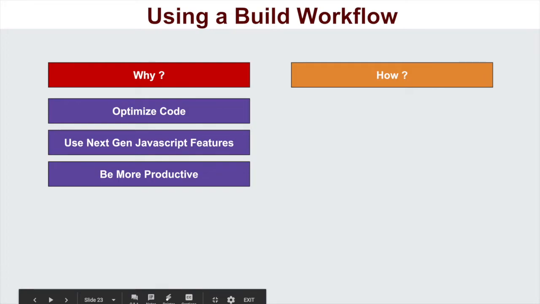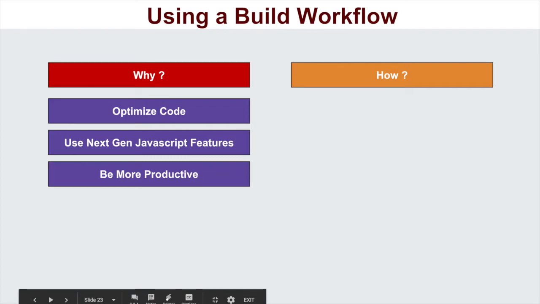Finally, in the end, we want to be more productive. This includes next generation JavaScript features, which often allow us to write more condensed code. But it also includes things like CSS auto prefixing. You might know that CSS prefixes are a thing to achieve the broadest possible browser support for CSS features.